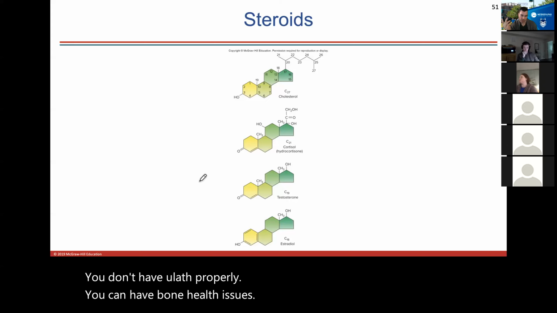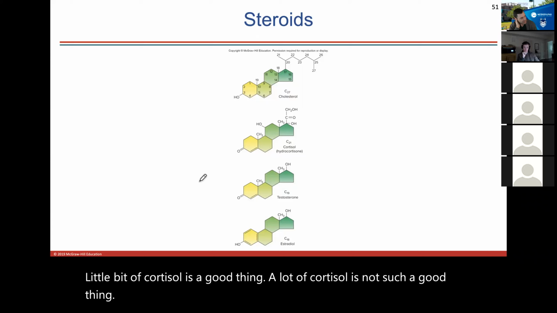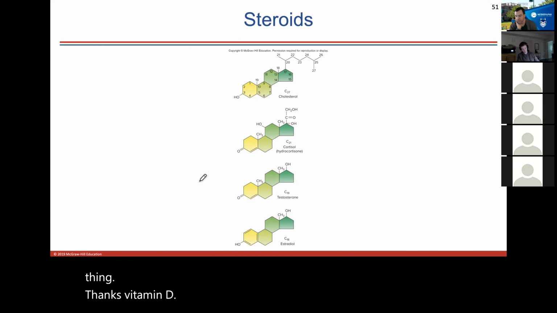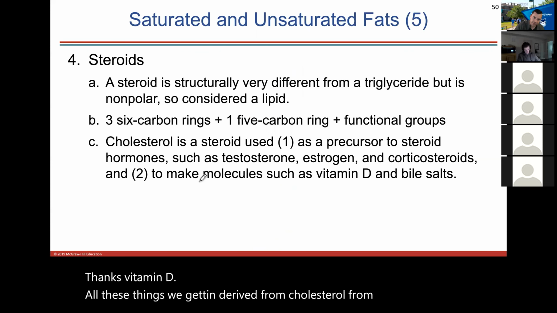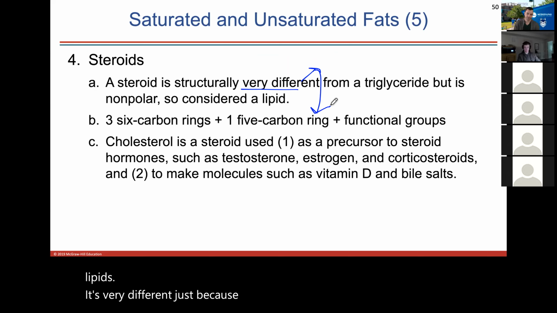It makes cortisol. A little bit of cortisol is a good thing. A lot of cortisol is not such a good thing. It makes vitamin D. All these things we get and derive from cholesterol, from steroids, from lipids. It's very different just because of its ring structure.